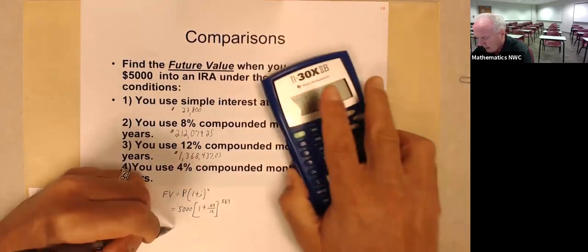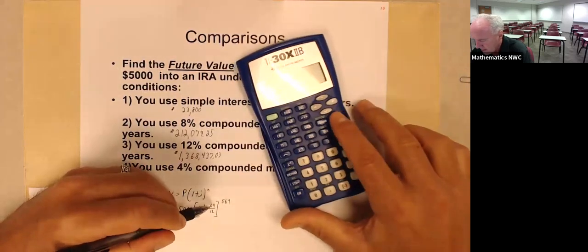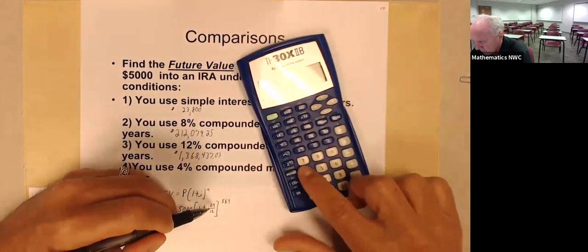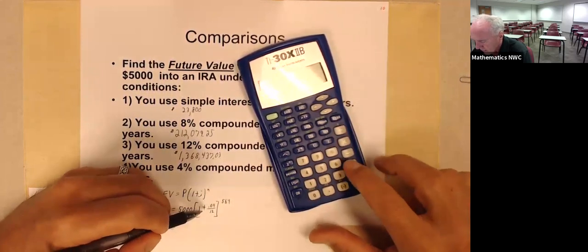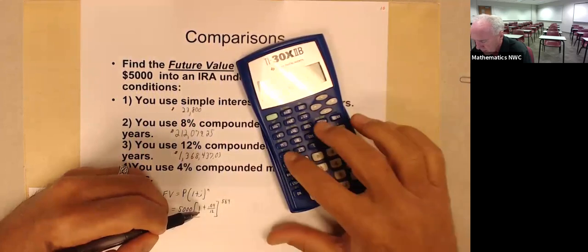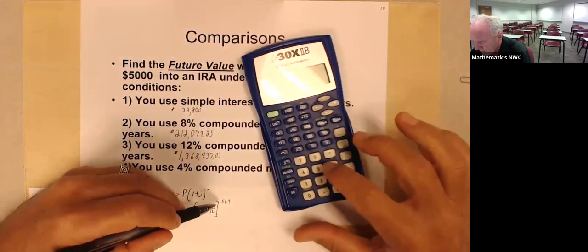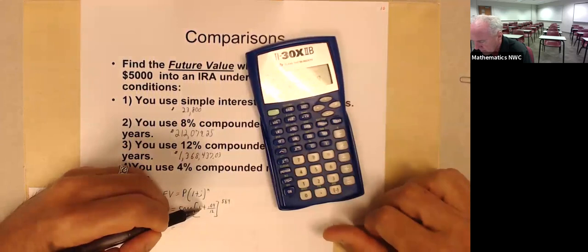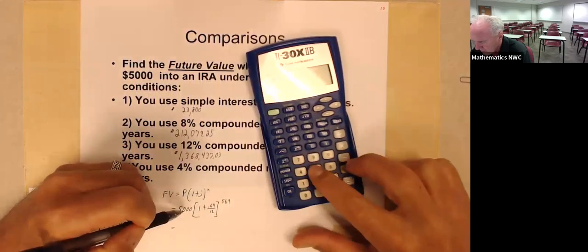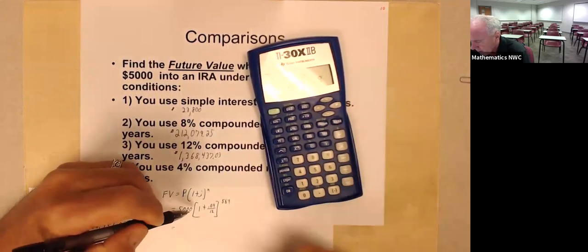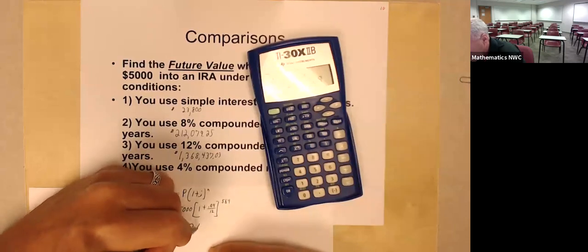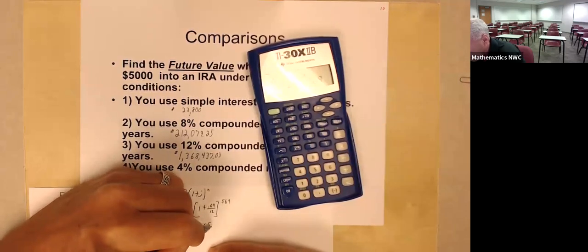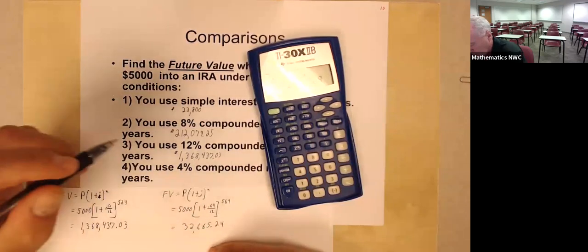I'm ready to go to my calculator. So I start from the inside out: 0.04 divided by 12, enter, plus 1, enter, raise it to the power 564, enter, times 5,000, and I get that answer this time to be 32,665.24.